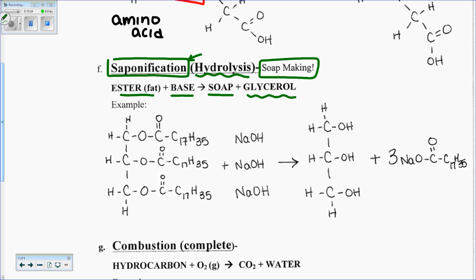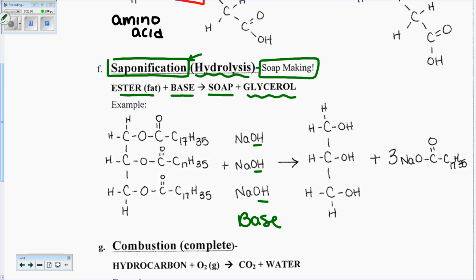So let's see if I can figure this out. From my reactants, I'm trying to figure out, who's my ester and who's my base? Well, over here, I see OHs. So this must be my base. And actually, I have three bases. 1, 2, 3. And over here, I have an ester, but this is actually huge. Look, 3 C's are all connected.